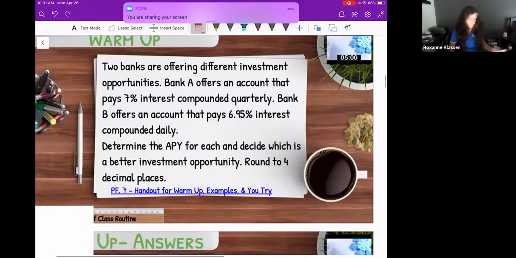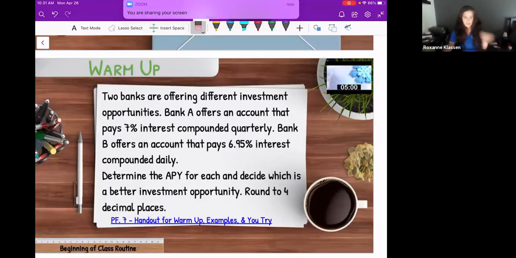All right, so here's a warm-up problem first. I'll put it in the chat, the worksheet for today too. So this is about APY, so I'll put the APY formula in the chat as well.